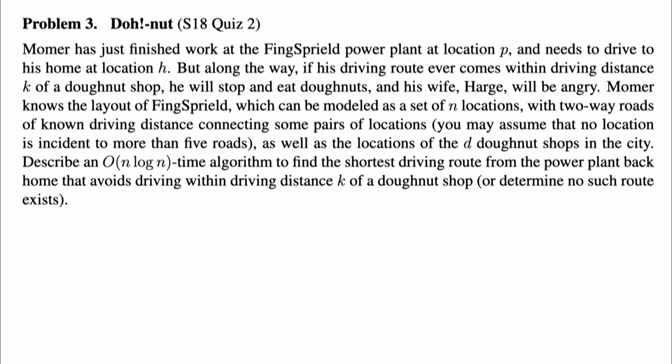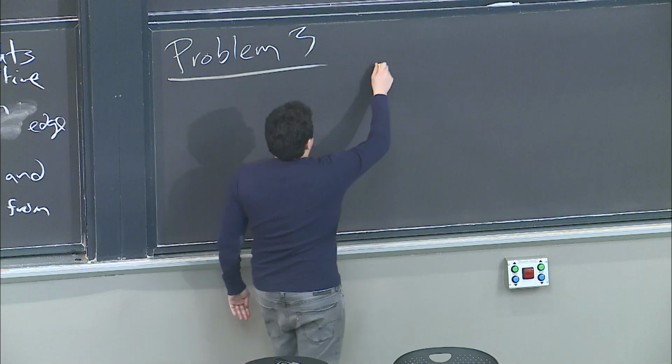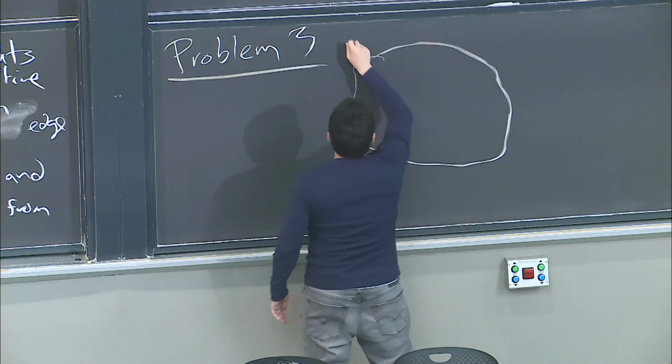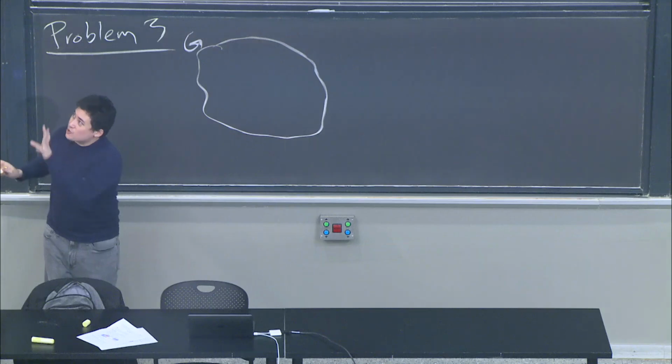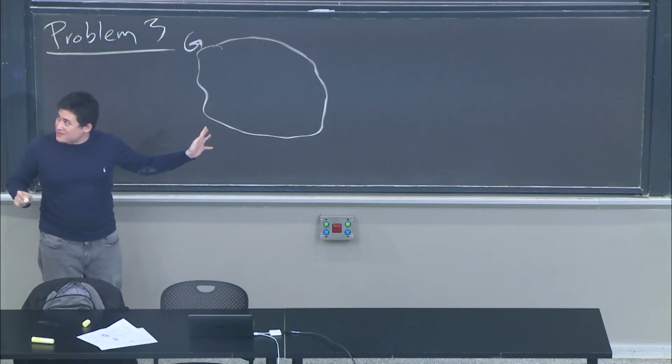So I look at n log n, I'm like, hey, what has a log in it in this unit? Dijkstra? Maybe I can use Dijkstra. Okay, so let's see if we ran Dijkstra from P to H. Okay, so we've got a graph here. This is a word problem, so there's no graph there. So I have to define a graph.